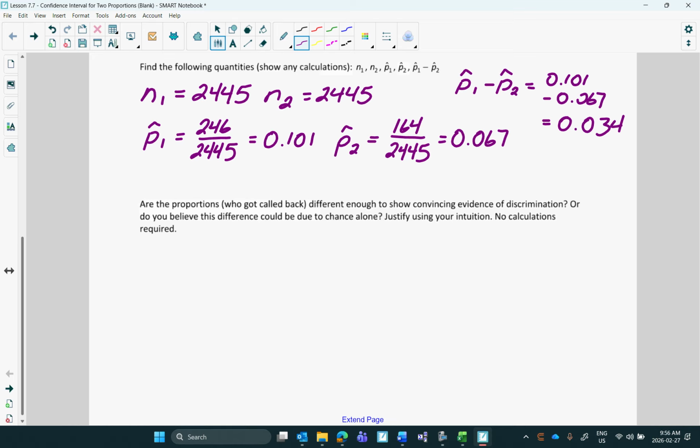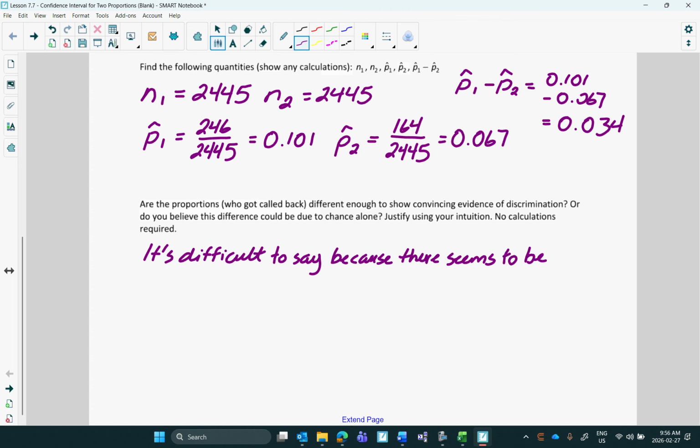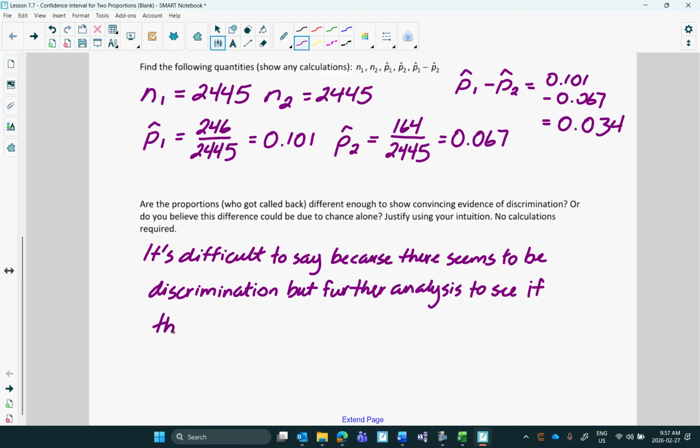So we would say something to the effect, it's difficult to say, because there seems to be discrimination, but further analysis is needed to see if this difference occurred by chance.